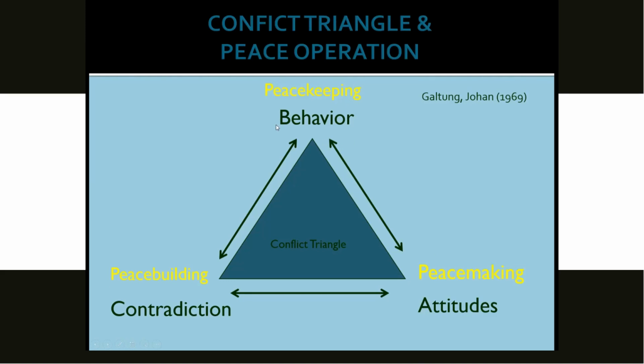For instance, if we stop violence, the fighting of the parties, peacekeeping will be undertaken. If we want to change the attitude, we use the term peacemaking. So peacemaking is trying to change the views and ways they perceive the situation.